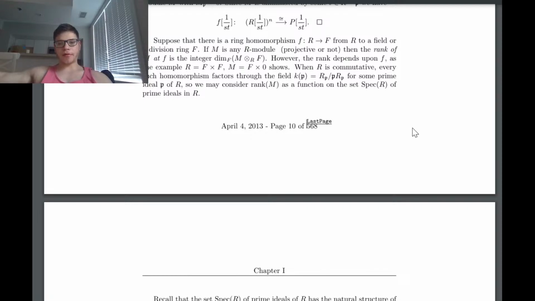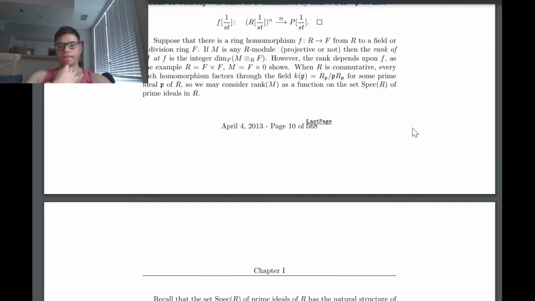It factors through the residue field because when R is commutative, you have a map from a ring to a field. The kernel is going to be a prime ideal.